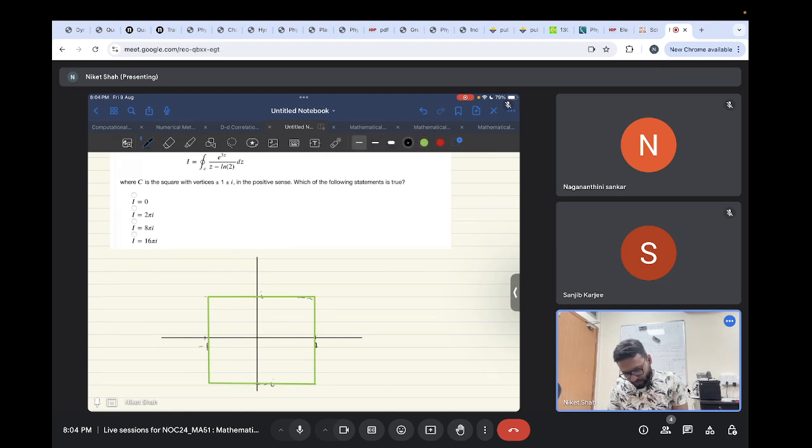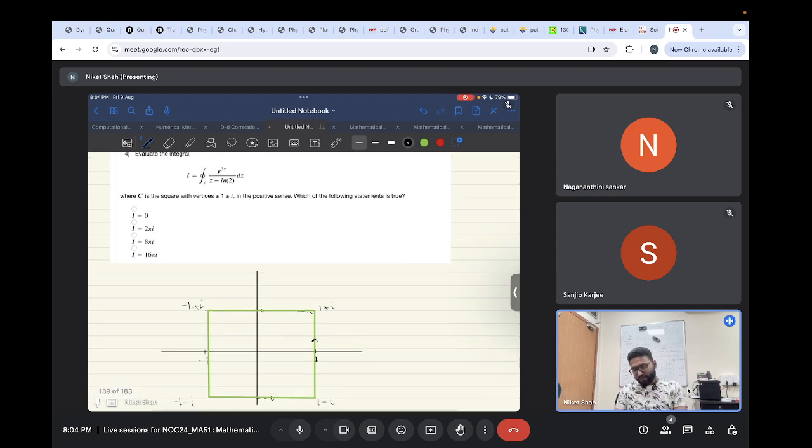Okay. So this is the contour that we are considering, because the points are 1 plus I, 1 minus I, and such. So this is 1 plus I, this is minus 1 plus I, this is minus 1 minus I, this is 1 minus I, right? So this is the contour that we are considering, and z equal to ln 2.